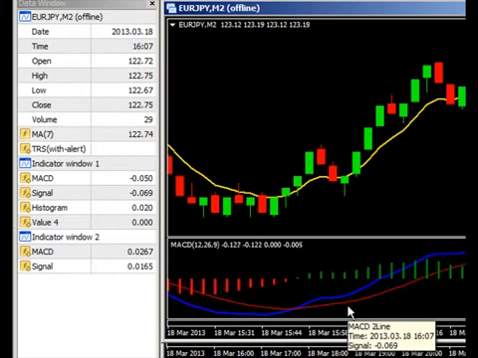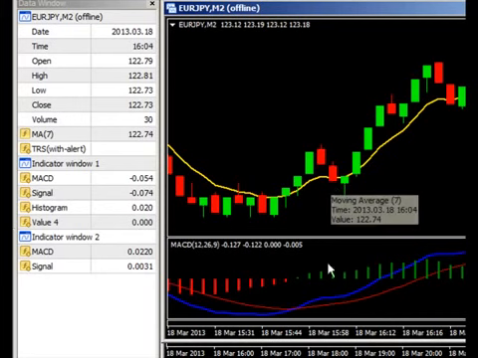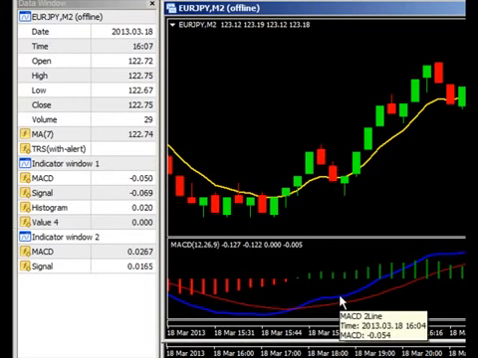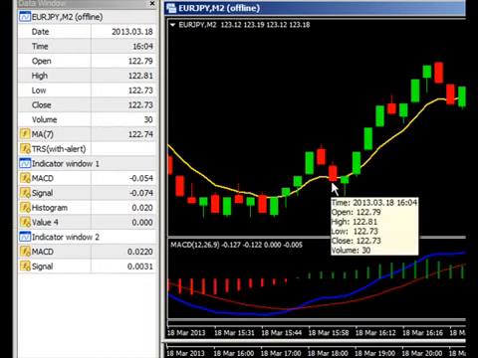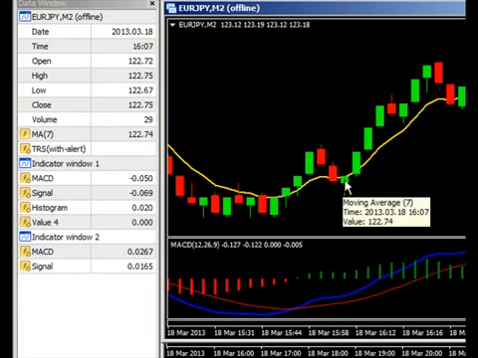Now I'm just going to go over the long example. You can obviously figure out how the inverse would affect the short trade. So that matches up. We've got a close below. This stays above. Great. Now we want to look for an entry. So we have the pullback, not just to the 7, but an actual close below the 7. And then we want to see a close back above the 7.